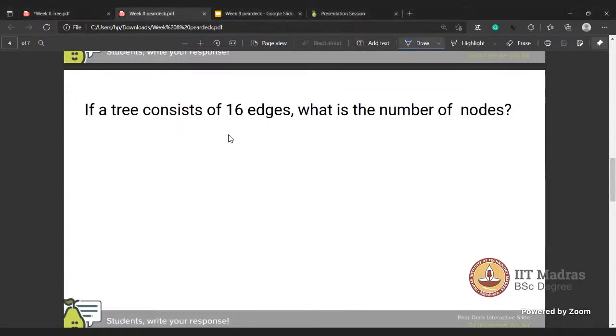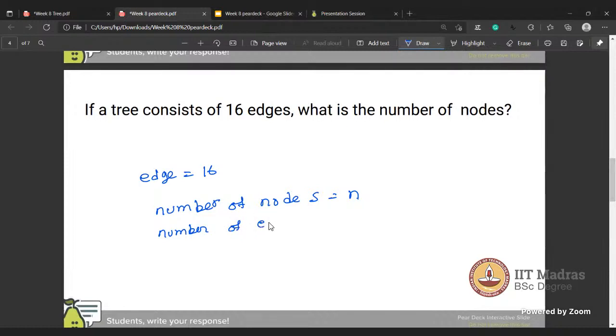So if a tree consists of 16 edges, what is the number of nodes? We know that if the number of nodes is n, the number of edges will be n minus 1.